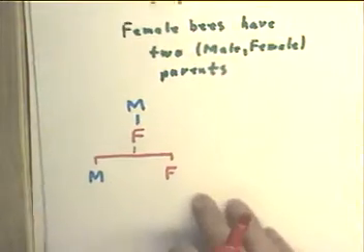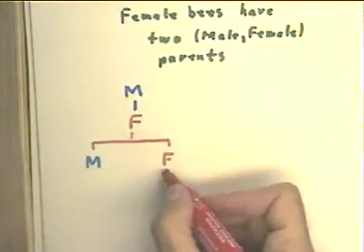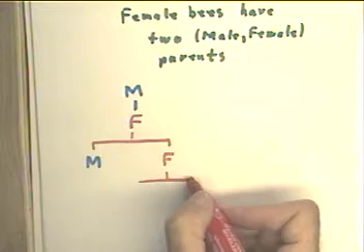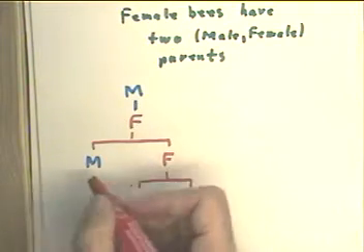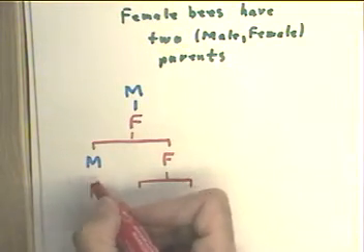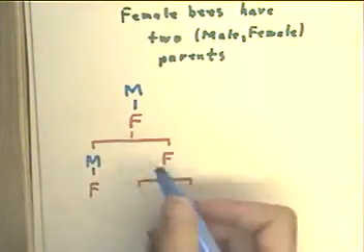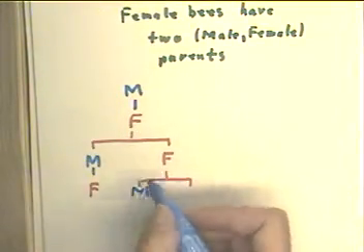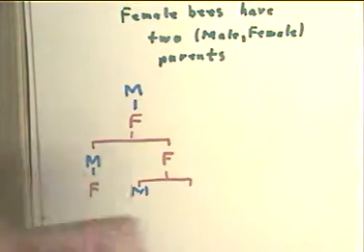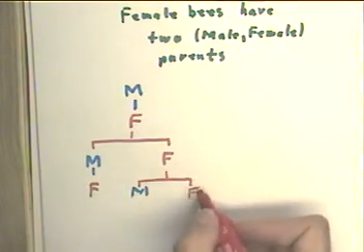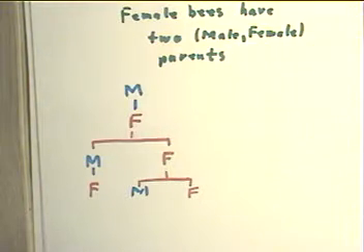Now, what did the male bee have to come from? And what did the female bee have to come from? Well, the male bee had to come from a female. And the female bee had to come from a male and another female. Then what did the male bee come from?